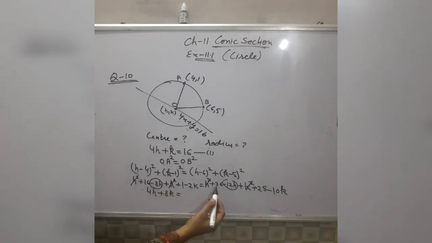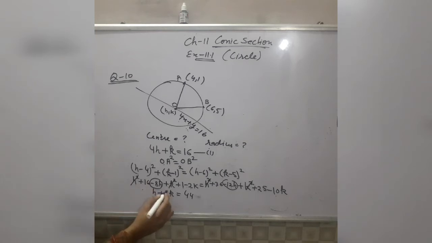Now for the constant terms, 36 + 25 is equal to 61, 61 - 17 when you simplify it becomes 44. Now taking 4 common you will get h + 2k = 11. This is equation number 2.